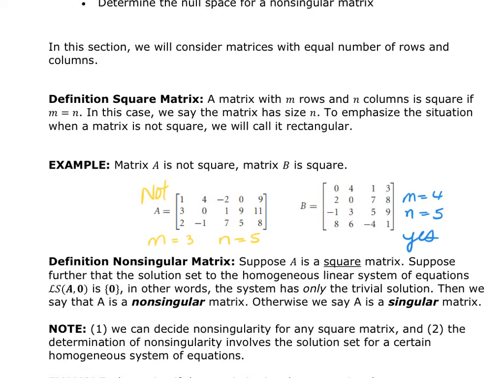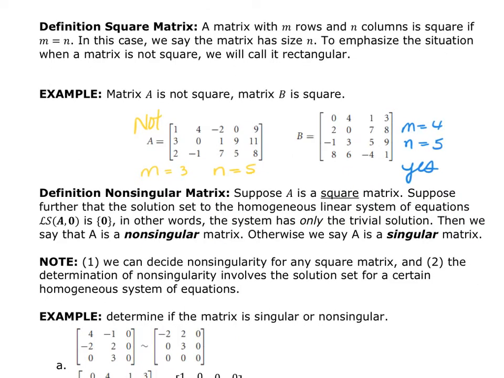Now, a couple of things to note: we can decide the singularity of any square matrix. And we can also talk about it in terms of a homogeneous equation. So when we're talking about singularity, it is not necessarily a system of equations. It may just be a matrix.